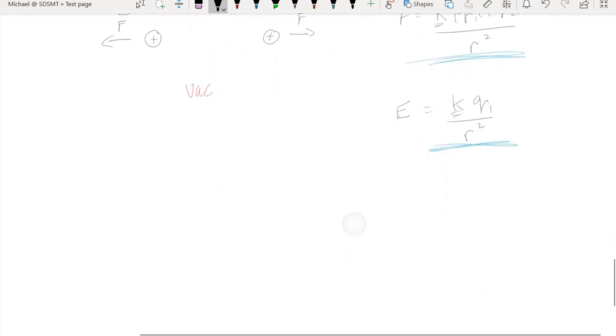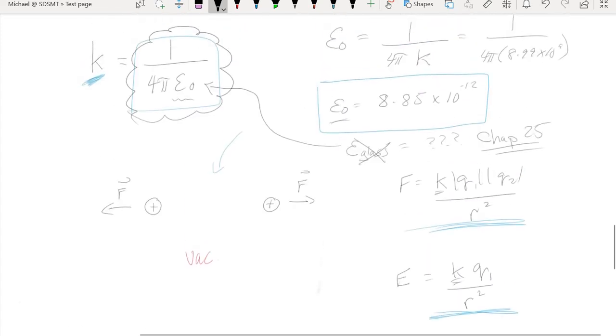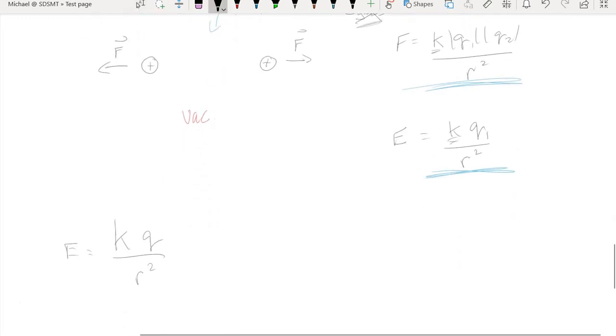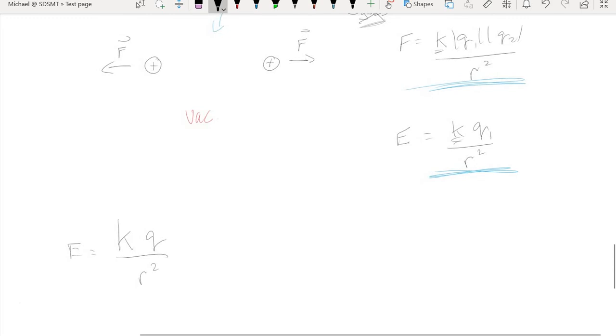Number one, because we need to be prepared for the day in which we do need to replace epsilon naught with a new value, and we should probably come up with some units for epsilon naught here. But we can actually get that from the K values that we had.